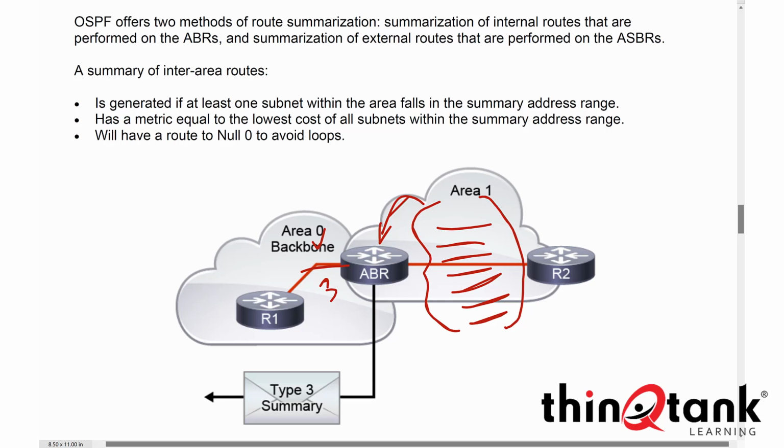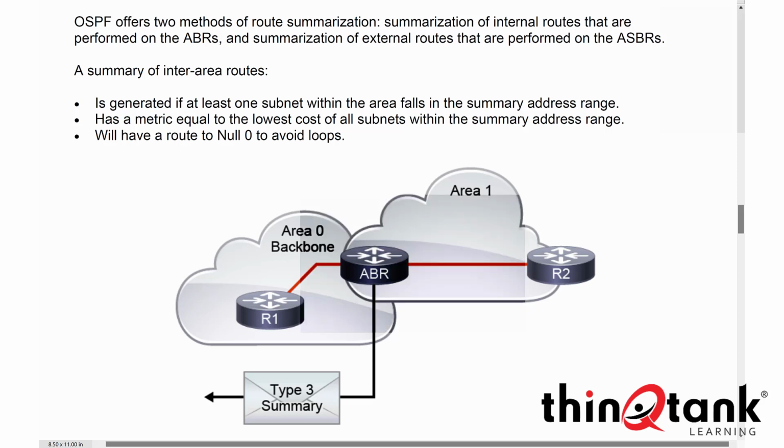I'll still have an active route that is part of that summary range. As soon as that 7th route goes away, though, we will lose the summary. The summary will still be configured in our global configuration, but we will lose the summary route. It will no longer be propagated by the ABR.